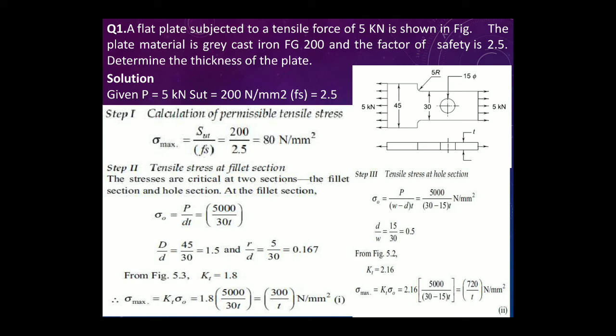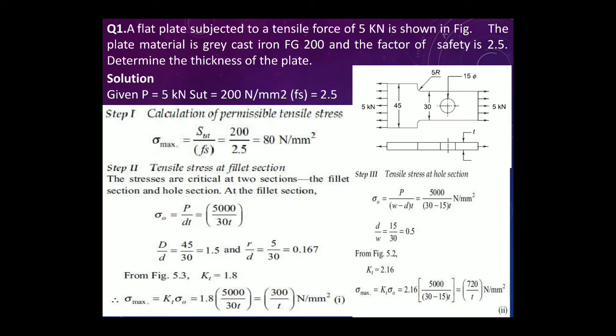In the next step, that is step 3, we will calculate the tensile stress at the hole section. Now here sigma, that is stress at the hole section, is equal to force upon area, that is P by area, here (w minus d) into t.